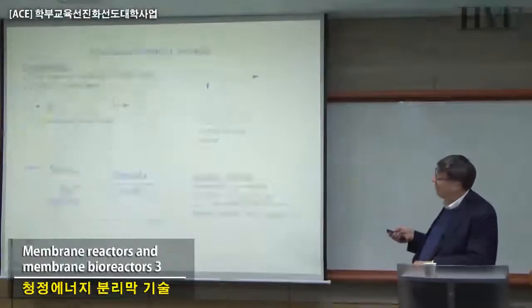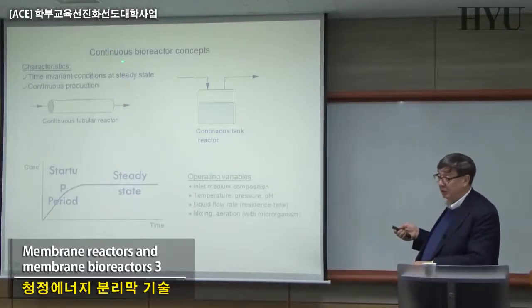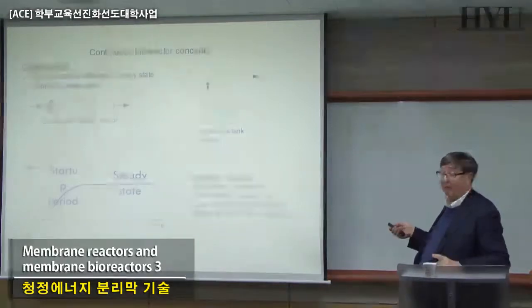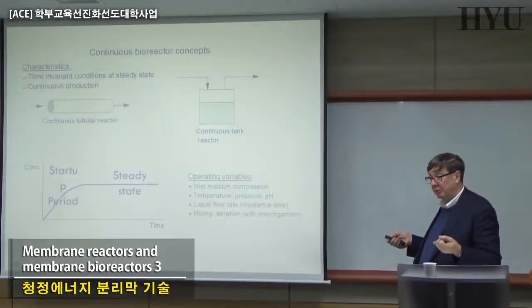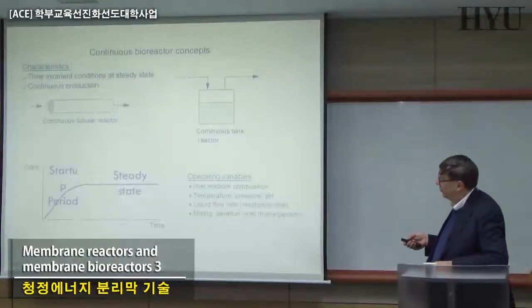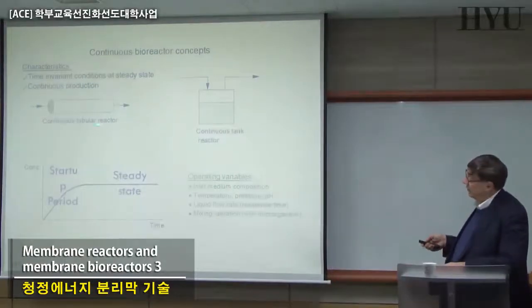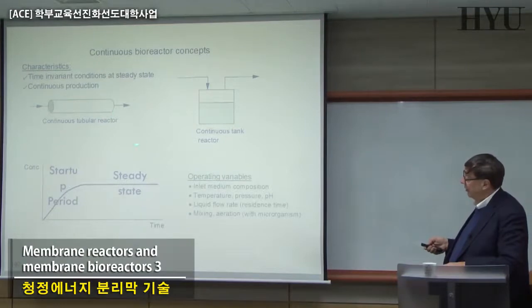When you are working with membranes, everything becomes continuous. That's advantage number one: all the membrane reactors are continuous systems, no batch anymore. And that's important, both in a continuous tubular reactor, exactly as you can have in the other systems, or in a continuous tank reactor, with something entering and going out.